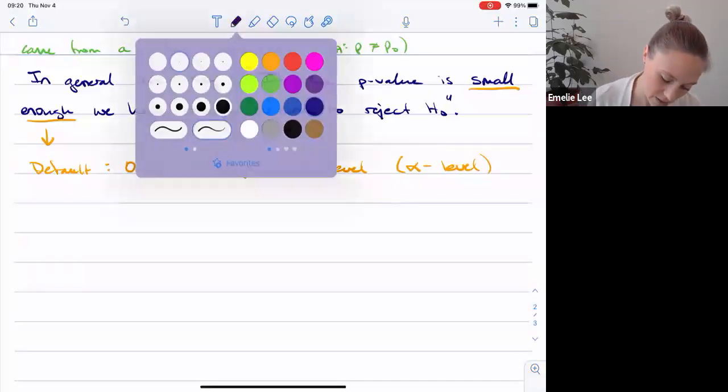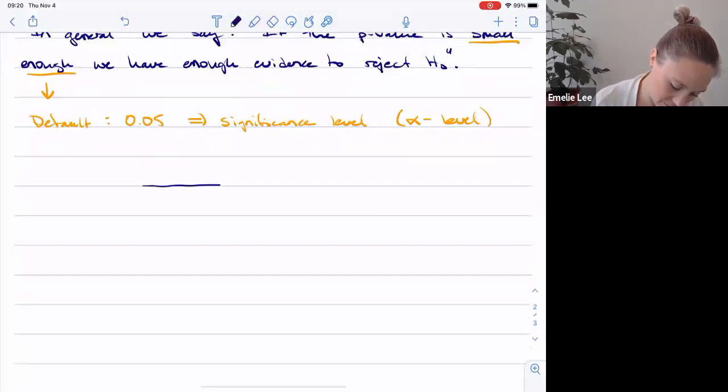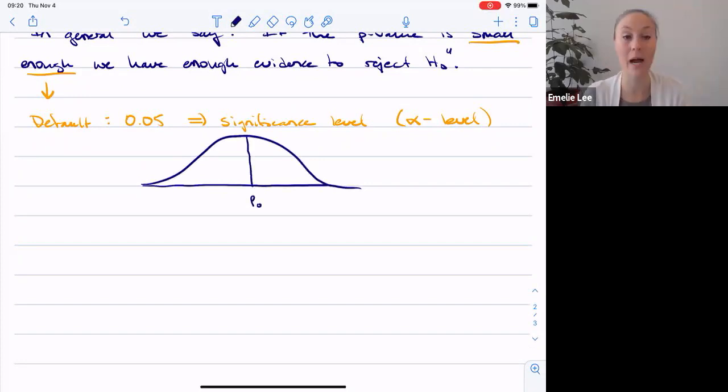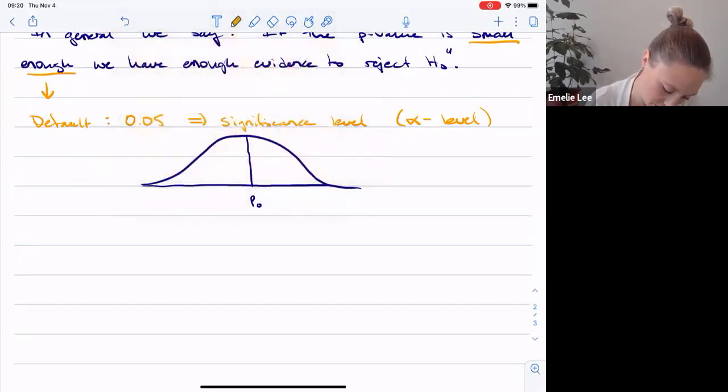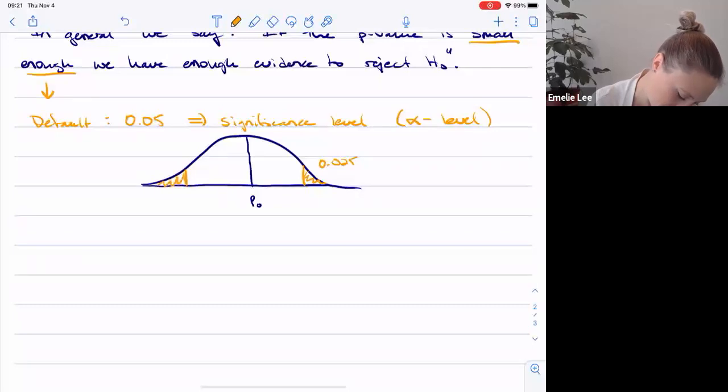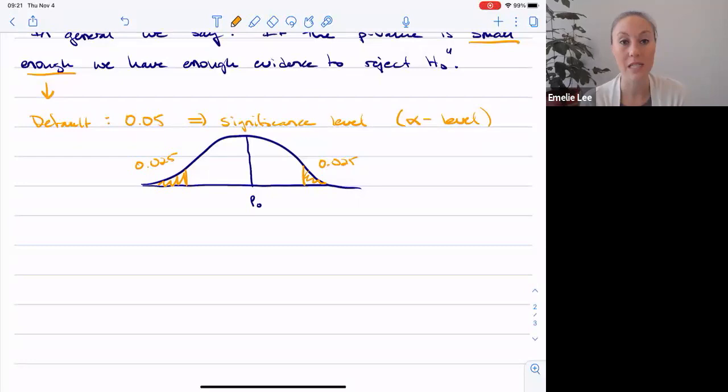Okay, so what does that look like in terms of the curve? Well, it means that if we're centered here on our hypothesized proportion, then at some fixed point, I've got 0.025 in this tail, and I've got 0.025 in this tail. Together, they make 0.05.